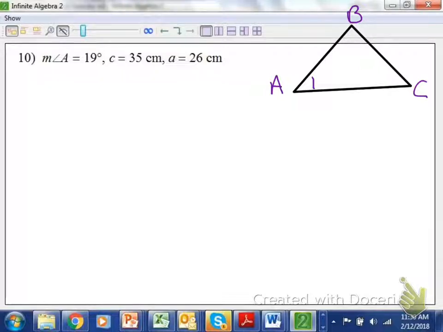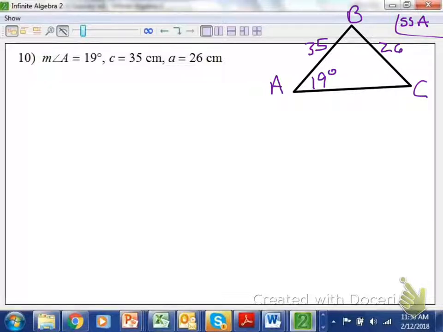A is 19 degrees. Little a is 26. And little c is 35. Again, we have side-side-angle configuration, right? It's important to note that.